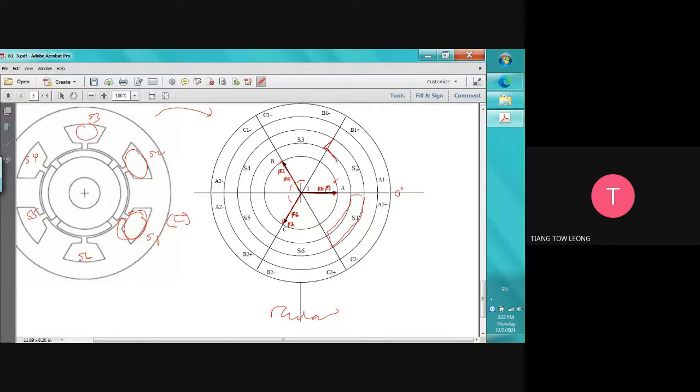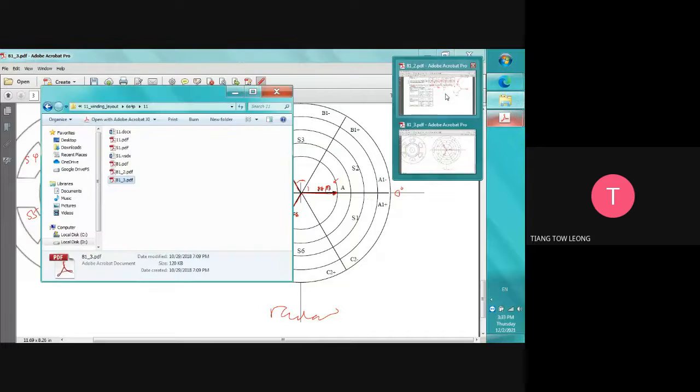This is our slot 2, here. This is slot 3, here. Slot 4, here. Slot 5, here. Overall here is slot 6, and overall here is slot 1. This is just for better understanding overall.